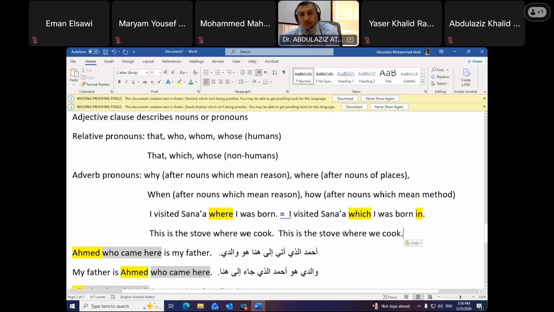This is the stove which we cook on, or with. Let me use with, better. Okay, this is the stove which we cook with. So which and with equals where.